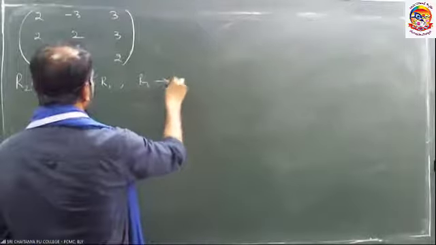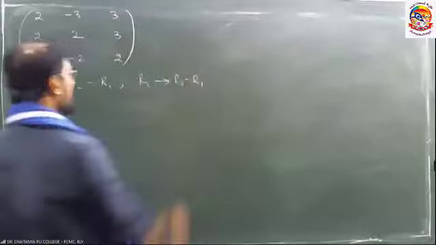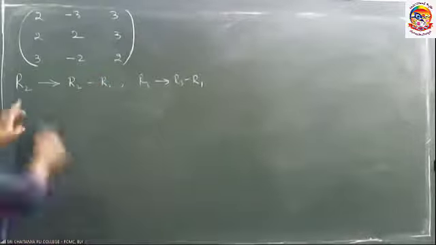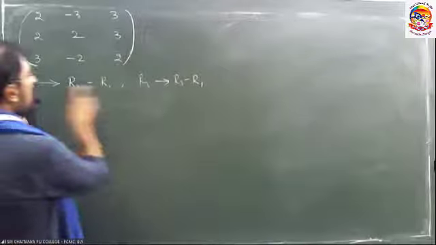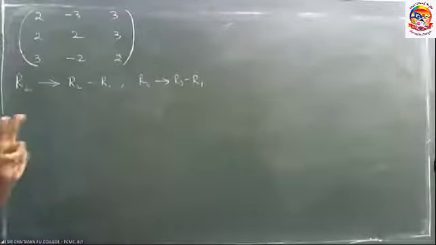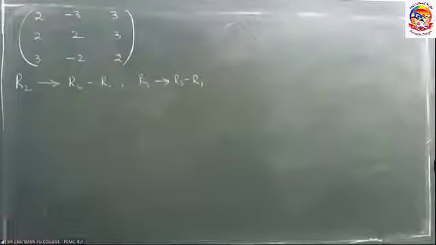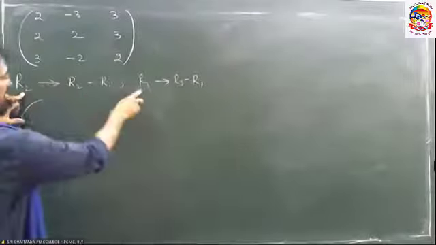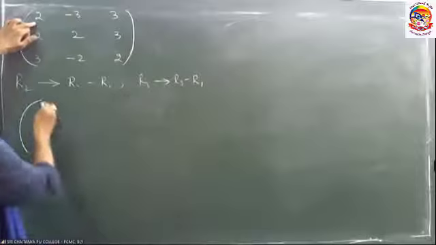R3 changes to R3 minus R1. You can use 2 steps, but observe, I am changing R2 and R3, so I should not change R1 again. I can change only 2 rows or 2 columns. I prefer to do it in row operations. Now R2 and R3 are changing, so R1 stays as it is.